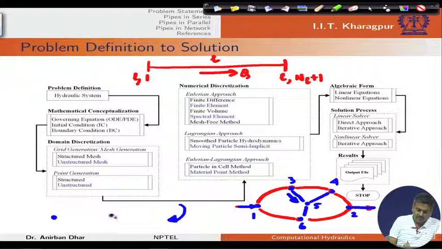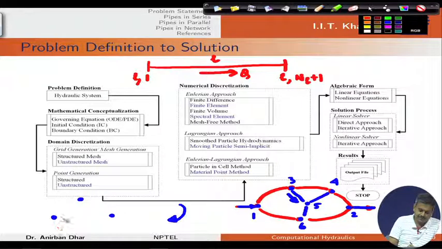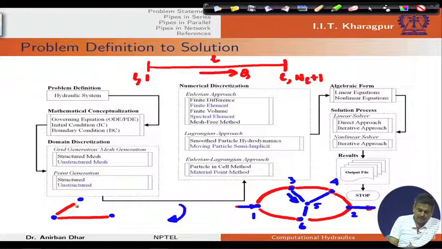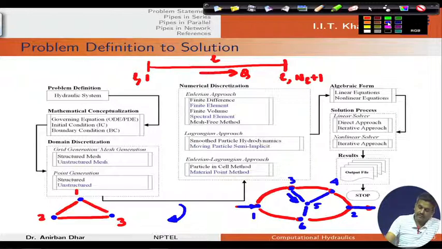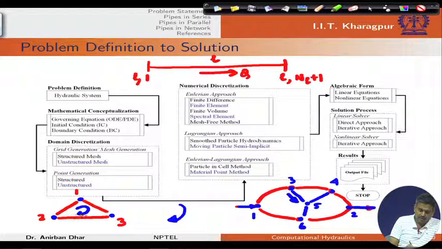If we have certain number of junctions, let us say we have 3 junctions in case of a pipe network, then these are 3 pipes connecting node number 1, node number 2, node number 3. Then we will consider that the flow direction is positive for this loop or closed loop in this case, and it is clockwise positive.